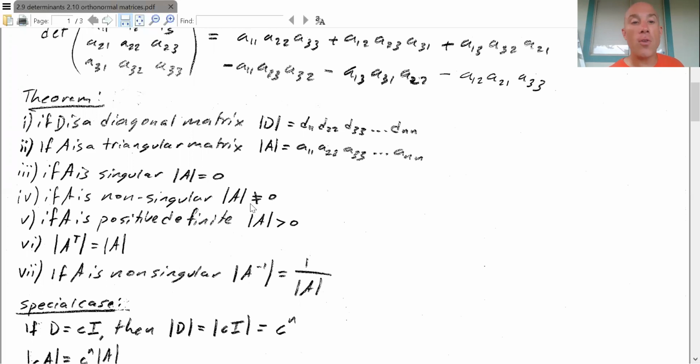If it's not equal to 0, it's non-singular, the matrix has an inverse. That is going to be critical wherever you go in mathematics. And if A is non-singular, then the determinant of the inverse is 1 over the determinant of A. This list is an important list to know off the top of your head. Those of you who are math majors or took a serious matrix algebra course, you already know it.